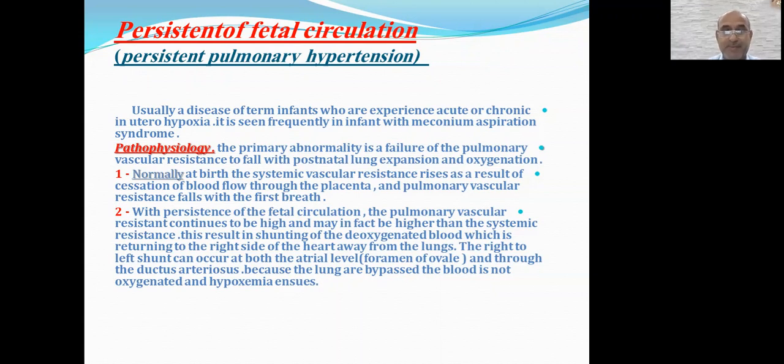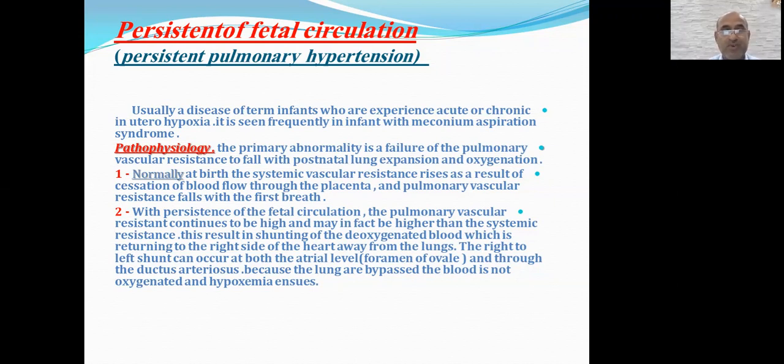After birth, the reverse should be true. The pulmonary vascular resistance starts to decrease and the systemic vascular resistance starts to increase, and of course continues for life. While here, this never happened.